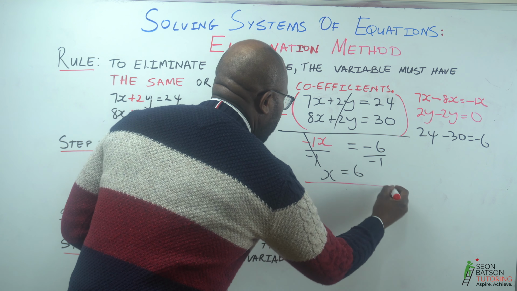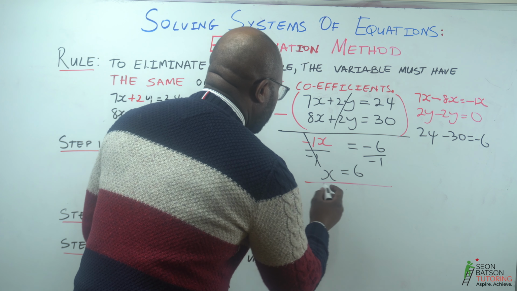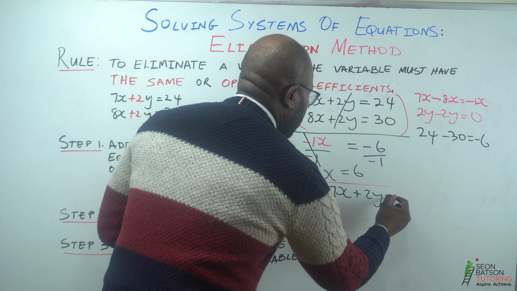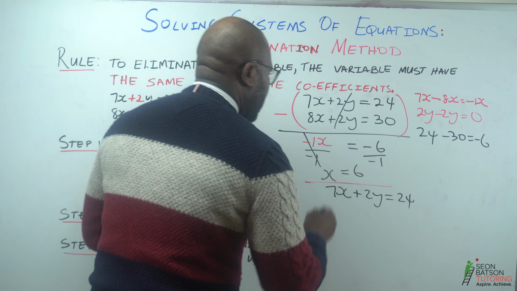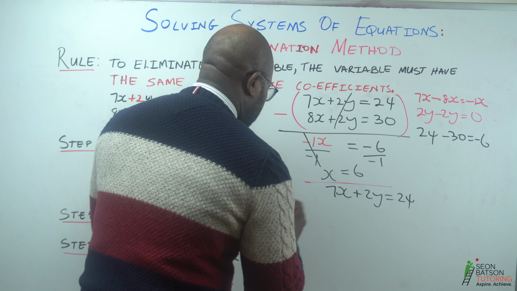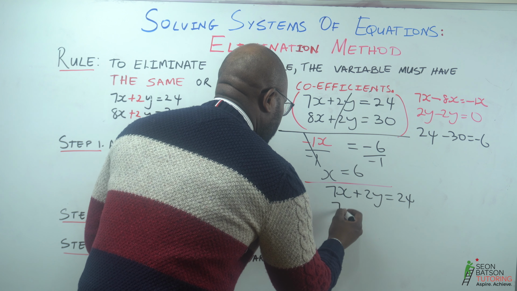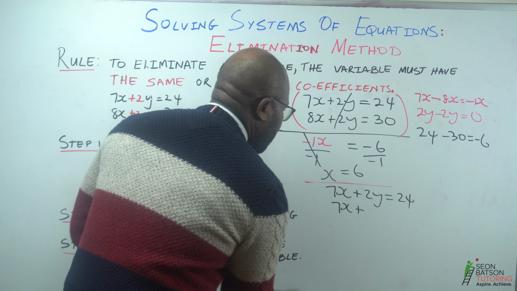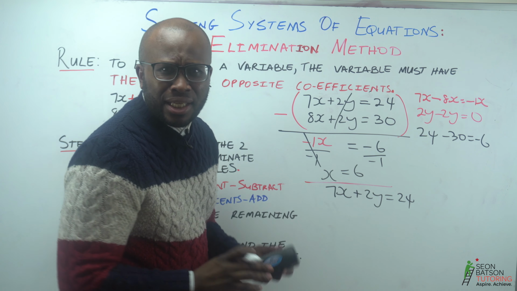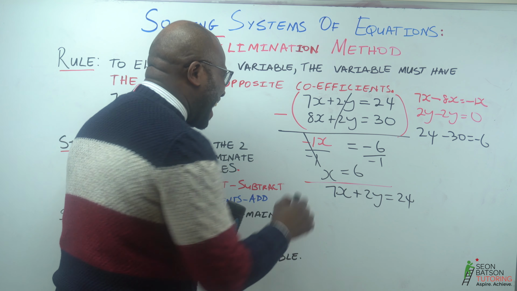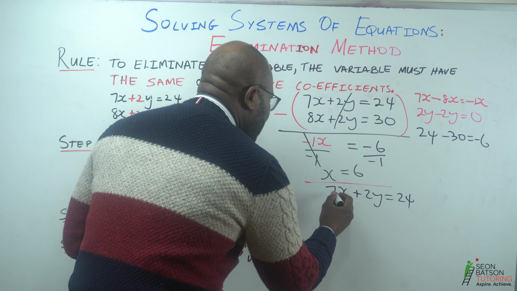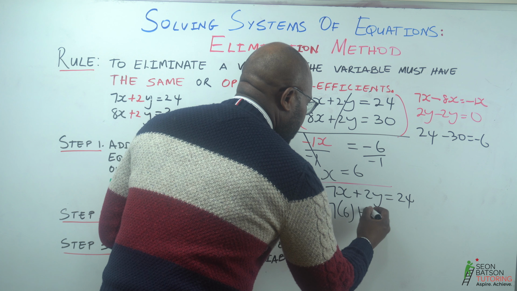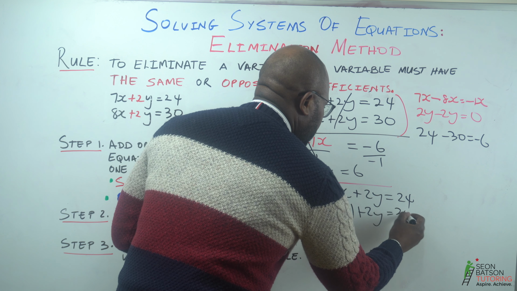The first equation is what? 7x plus 2y is equal to 24. And we know that x is equal to 6. So we will replace this x with a positive 6: 7 times 6 plus 2y is equal to 24.